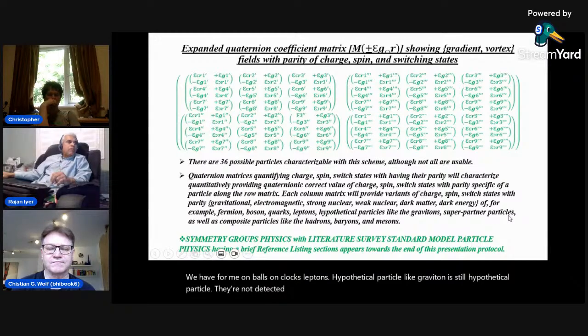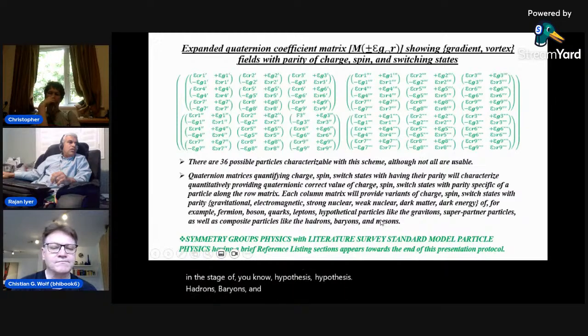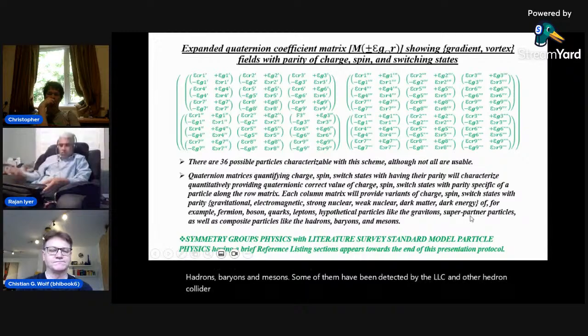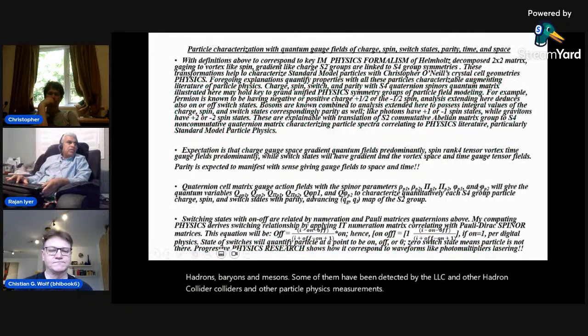Superparticles are also all in the stage of hypothesis. Hadrons, baryons, and mesons: some of them have been detected by the LHC and other hadron colliders and other particle physics measurements.